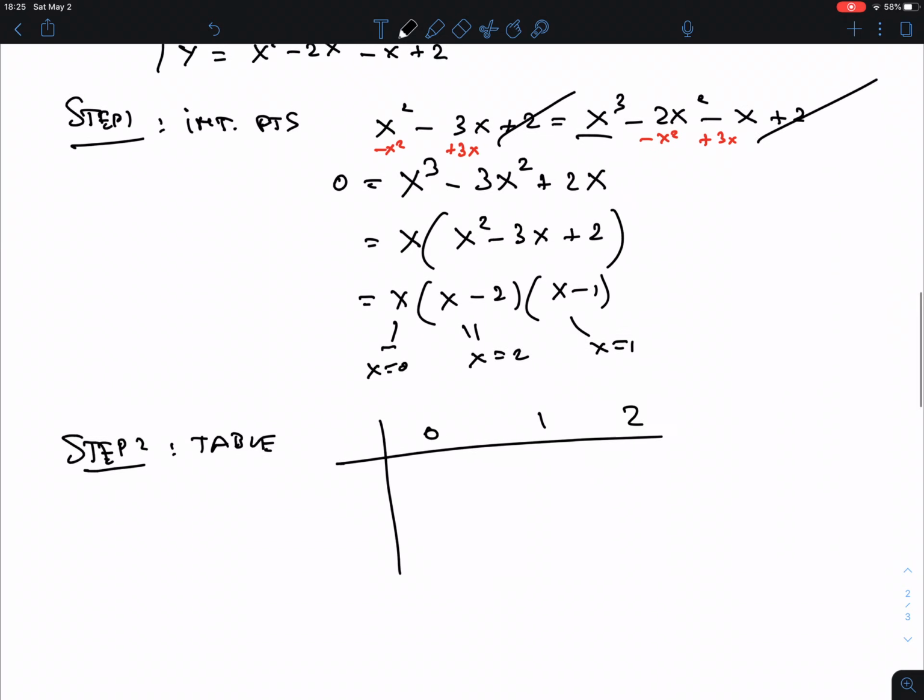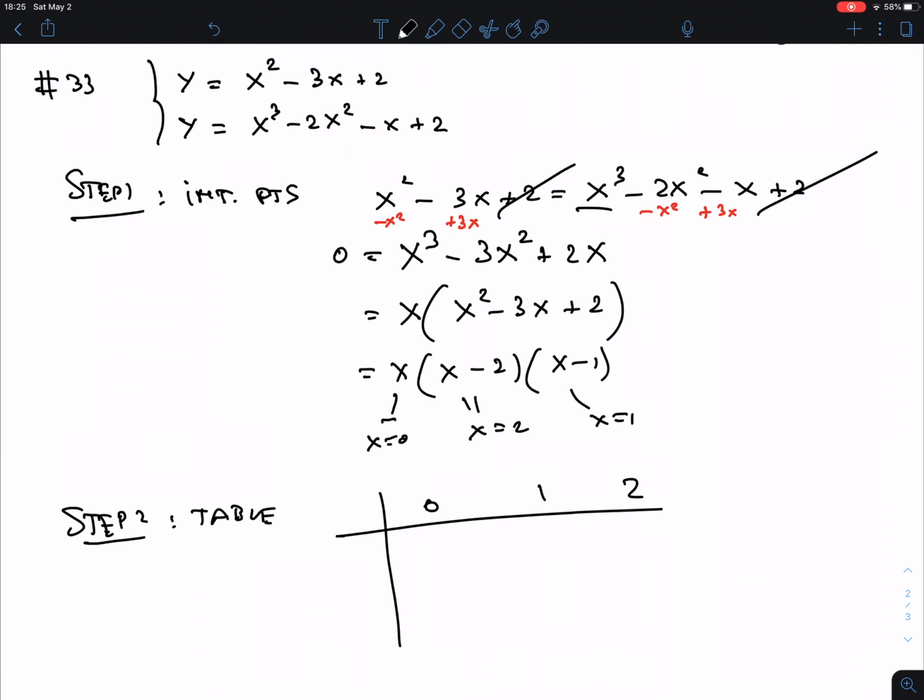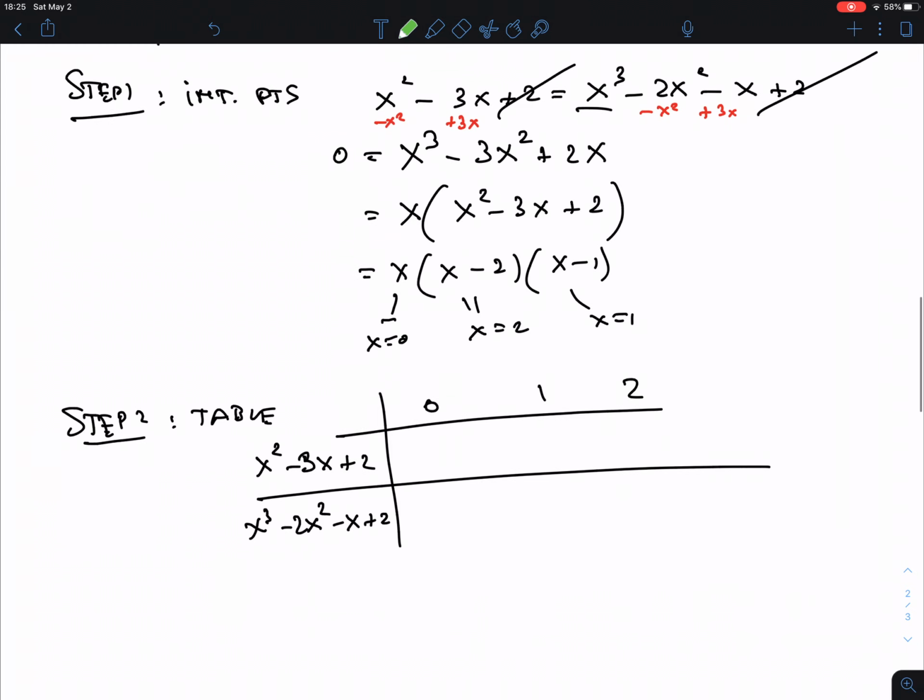Okay, and so our equations are x squared minus 3x plus 2 and x cubed minus 2x squared minus x plus 2. And yeah, not much choice. I have to take fractions always. Of course you can take decimal numbers and put it in your calculator, right?